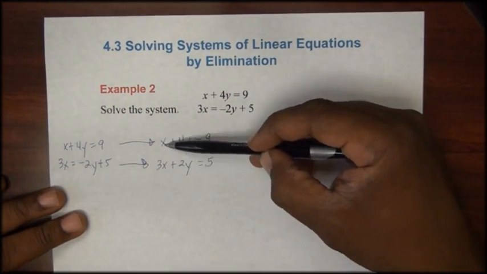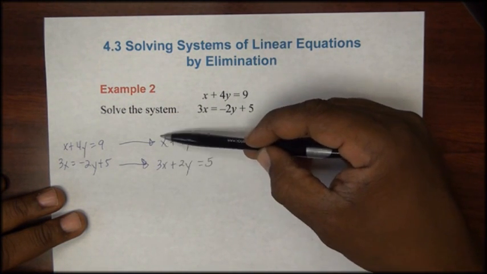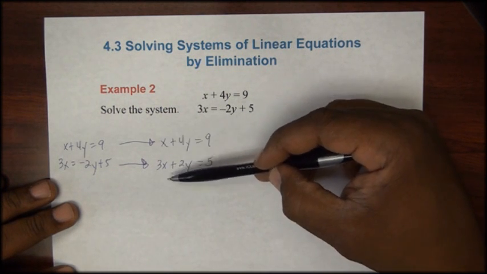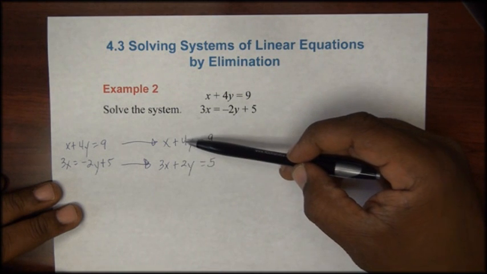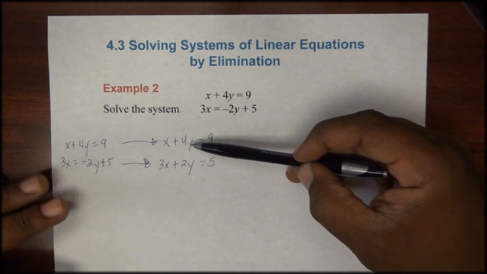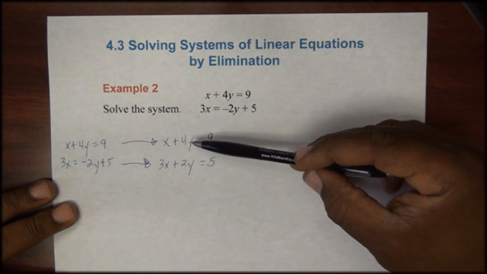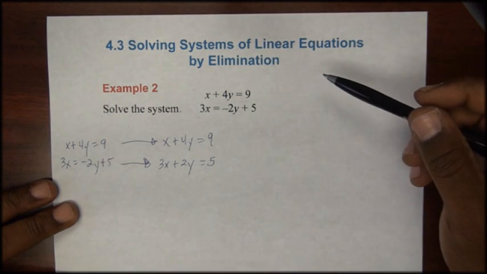So if we look at our x variable, we have coefficients of 1 and 3, which gives us a multiple of 3. So it's possible to have a positive 3x and a negative 3x. If we take a look at our y variable, we have coefficients of 4 and 2, which both have a least common multiple of 4. So it's possible to have a positive 4y and a negative 4y.